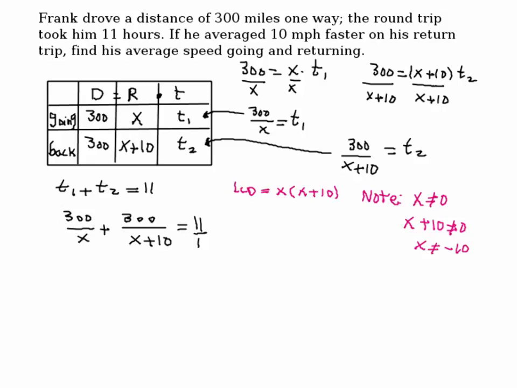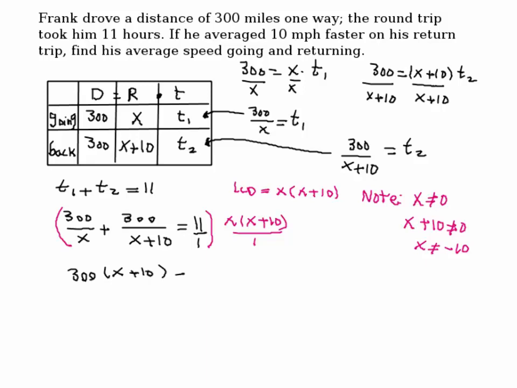So if I multiply each term by x times x plus 10 over 1, that would guarantee us to eliminate all the fractions. If I multiply the first term, the x cancels, and I get 300 times x plus 10.